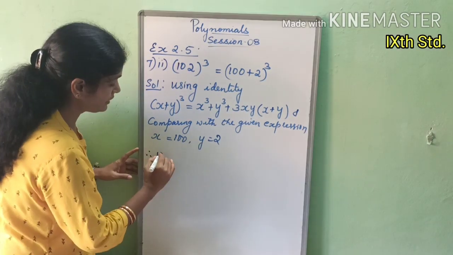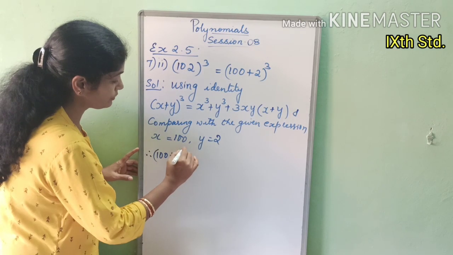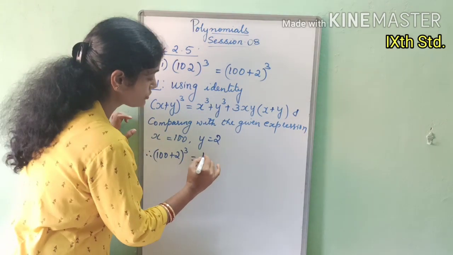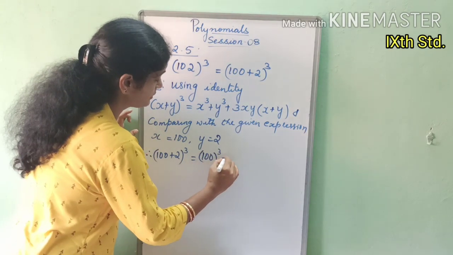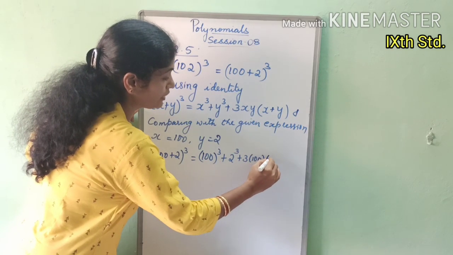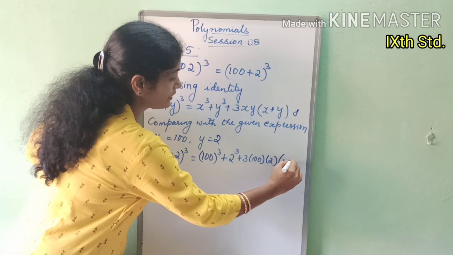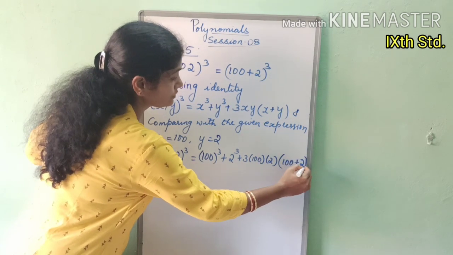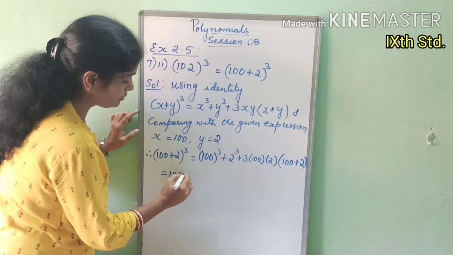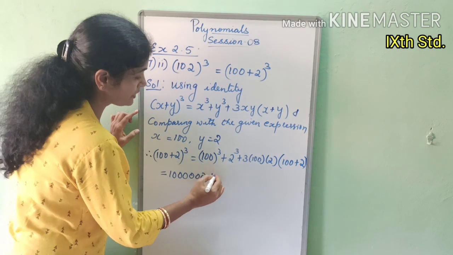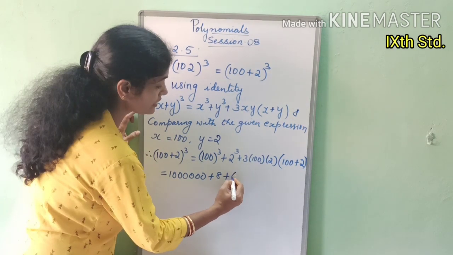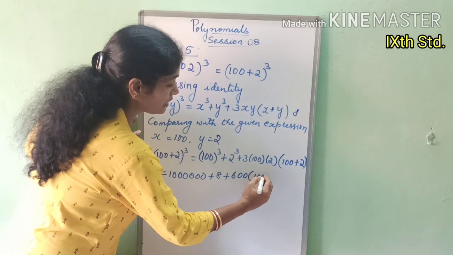Therefore 100 plus 2 whole cube is equal to, in place of x, write 100. So 100 whole cube plus 2 cube plus 3 into 100 into 2 into 100 plus 2. Now simplifying, 100 cube plus 2 cube is 8, plus 3 into 2 is 6, 6 into 100 is 600, into 100 plus 2.